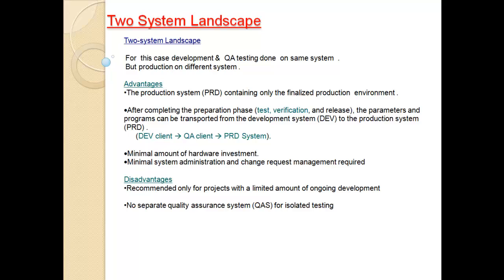The advantage of this two system landscape is that after the completion of the preparation phase, the parameters and programs can be transported from the development system to the production system. And there is a minimal hardware investment. You're not investing in one more hardware, so you're using only two, one for development and quality and another for production.